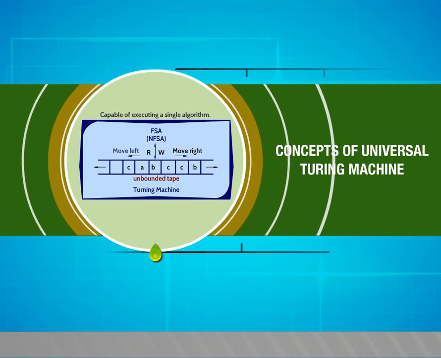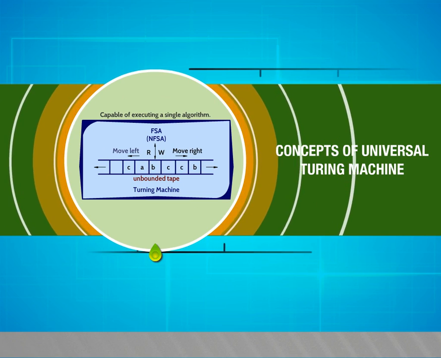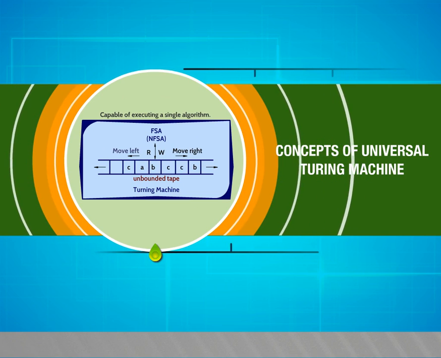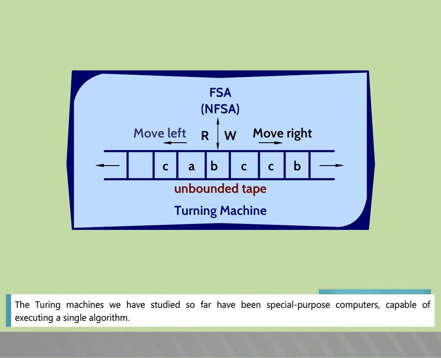Concepts of universal Turing machine. In this video, we are going to see about concepts of universal Turing machine. The Turing machines we have studied so far have been special-purpose computers capable of executing a single algorithm.